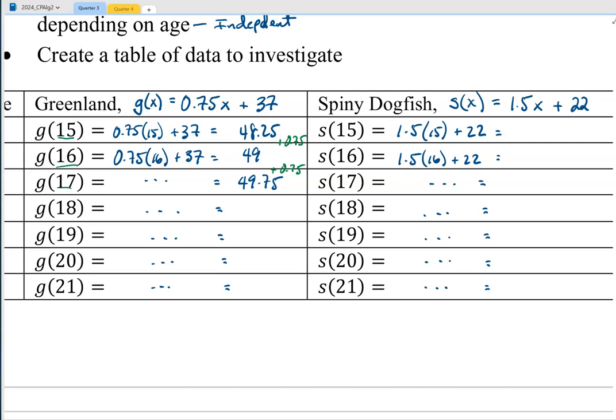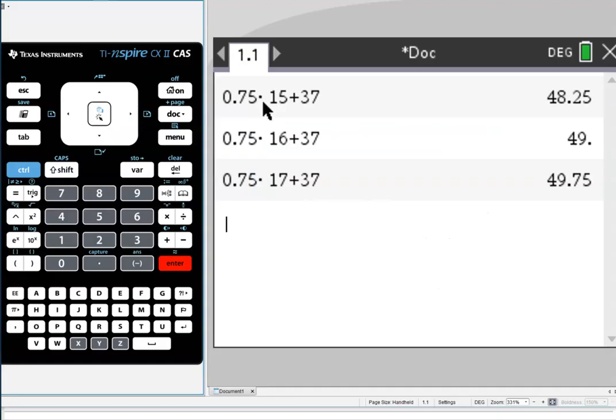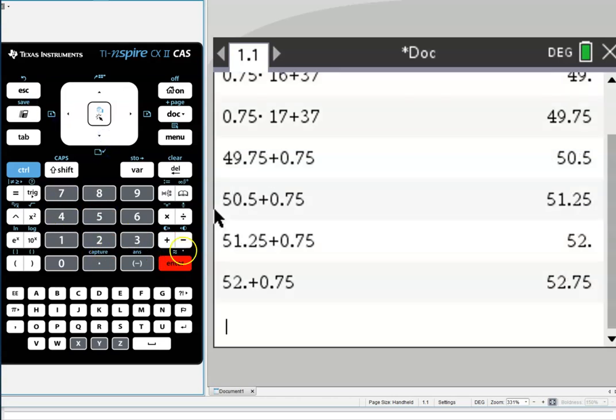If our x values are increasing by 1 unit, then the y value should be increasing by the slope that was described in our equation. So we should see a 0.75 amount of growth for every year. So if I continue that pattern, I'll just add 0.75 to the last answer, and I'll do it again and again and again. This should allow me to fill out the rest of the table.